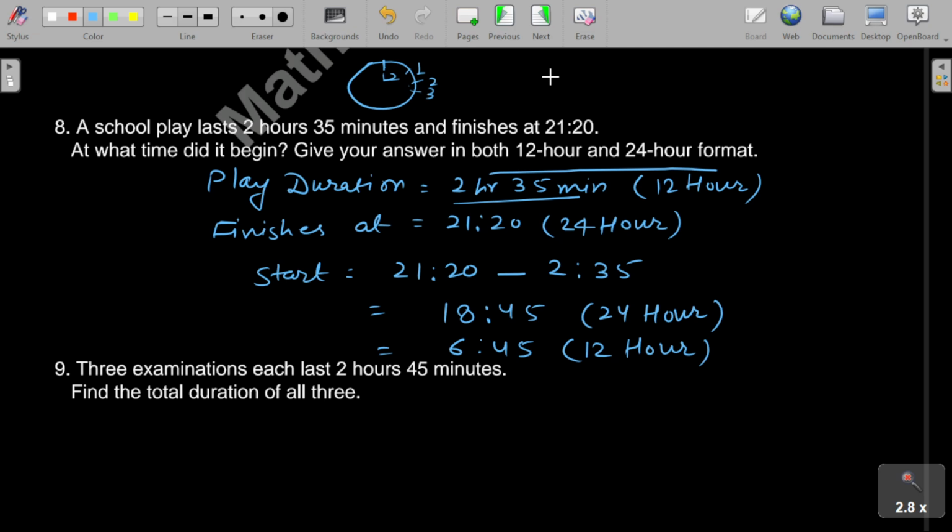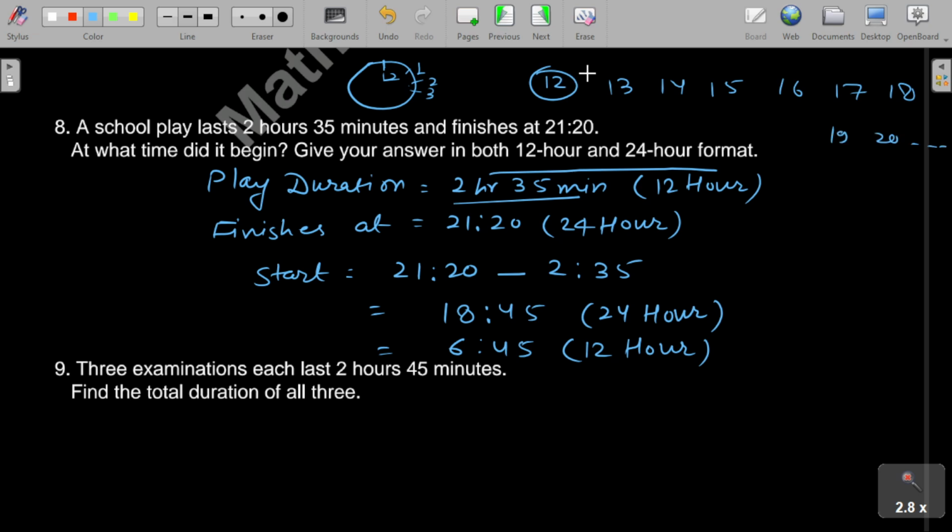So if we have to change to 24 hours, then we have to write 12, 13, 14, 15, 16, 17, 18, up to 24.